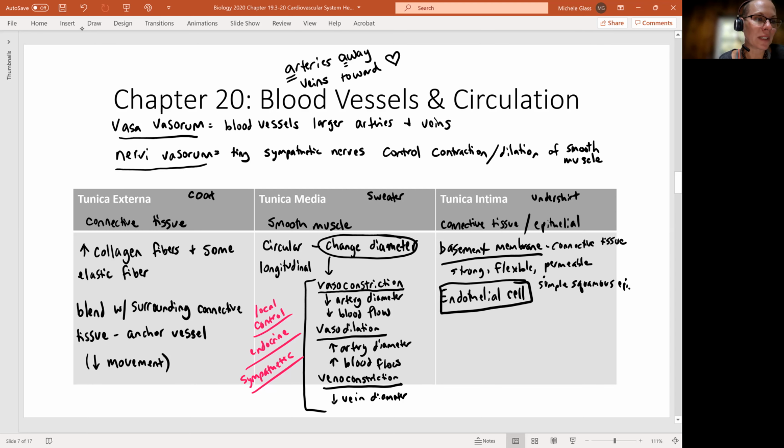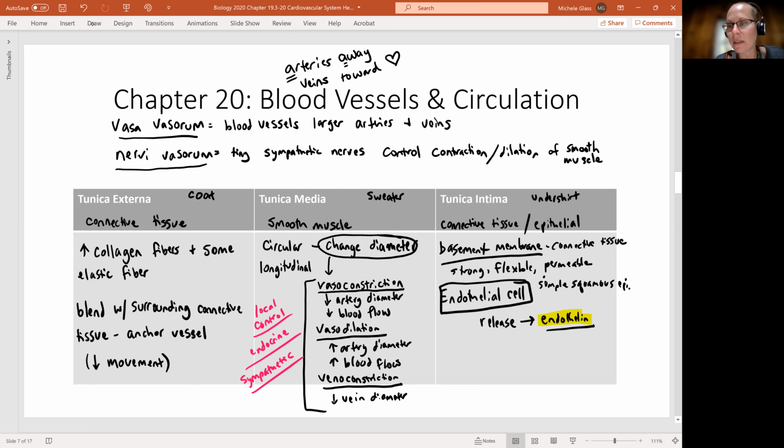Now, what we will see is that they can actually release two things. So they can release what we've already talked about as endothelin. Endothelin is a chemical released by endothelial cells, so that name makes sense.